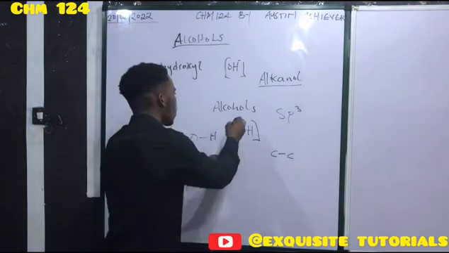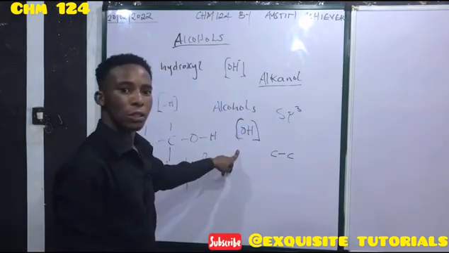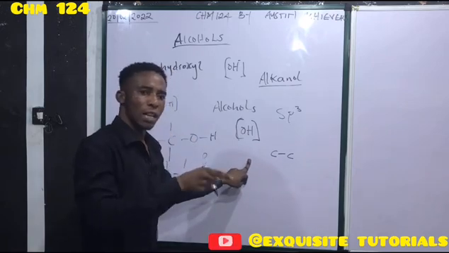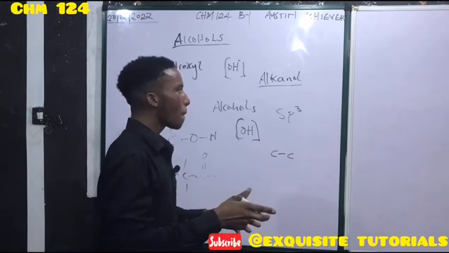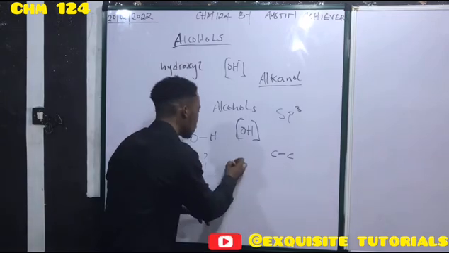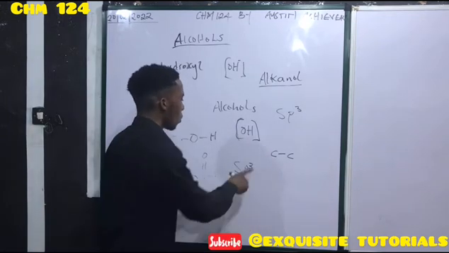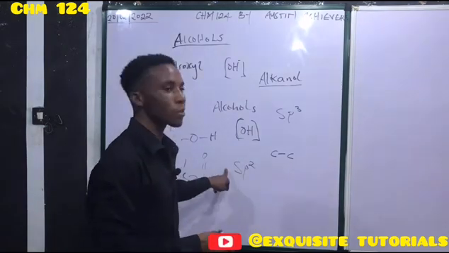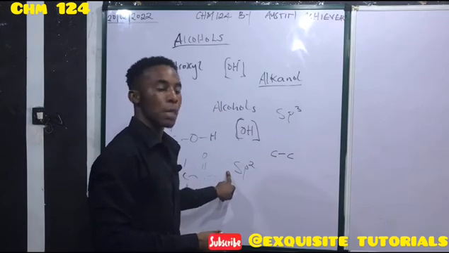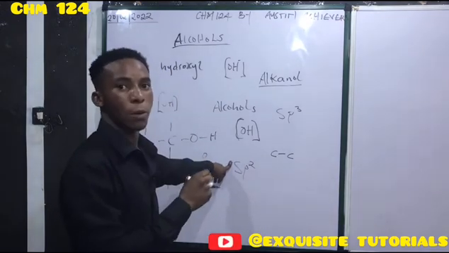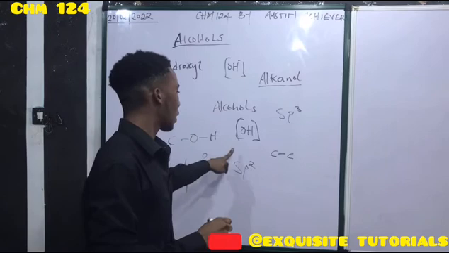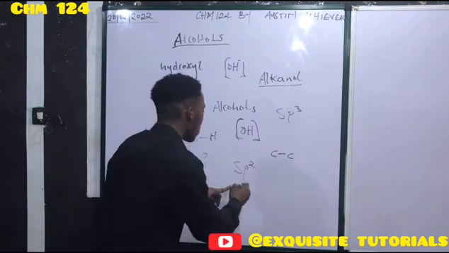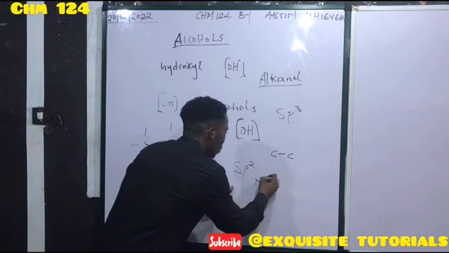When this hydroxyl group is attached to an unsaturated organic compound such that the carbon-to-carbon bond possesses sp2 hybridization, of course, anybody that did first semester Chem 113 knows that alkenes possess sp2 hybridization. What do I call this? I will call this an alkenol.